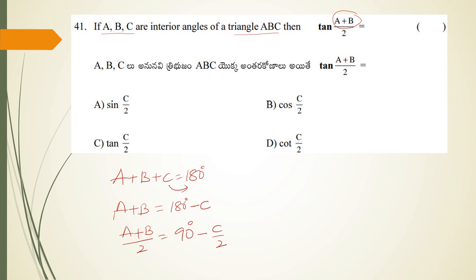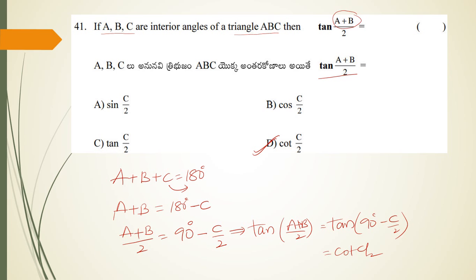Since I need tan of A plus B by 2, apply tan on both sides. This gives me tan of A plus B by 2 is equal to tan of 90 minus C by 2. Tan of 90 minus C by 2 is nothing but cot of C by 2. So the answer is cot C by 2.